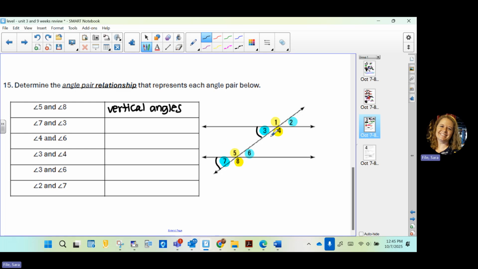Those are both blue, aren't they? Those should be congruent to each other. 3 is in the bottom left corner of the top intersection. 7 is in the bottom left corner of the bottom intersection. What's that called when they're in the same spot at their intersection? Starts with a C. Corresponding. They're in corresponding locations. Good.